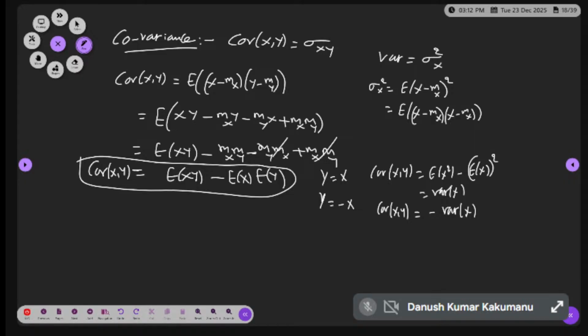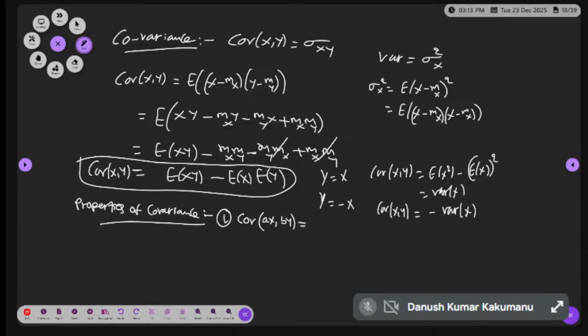Now we have some properties of the covariance. What are the different properties of the covariance? First one, covariance of ax comma by.